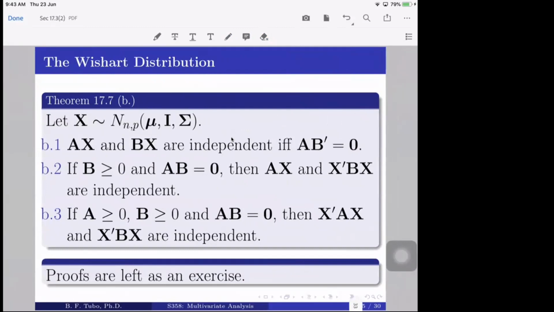So, I will leave it as your exercise. I do not know if the notes have proofs. Just check. Okay. Next, theorem 17.8.